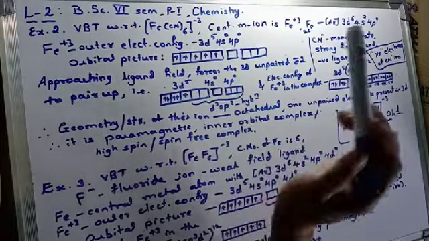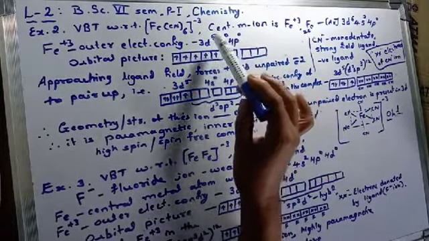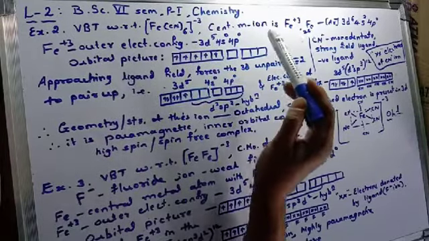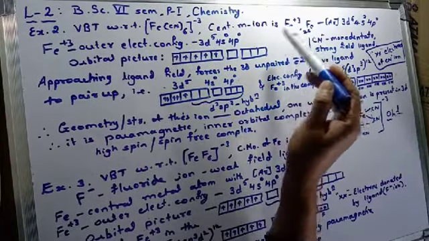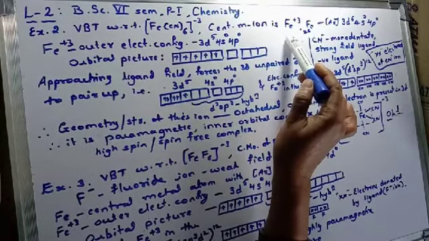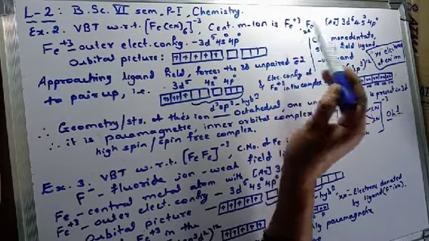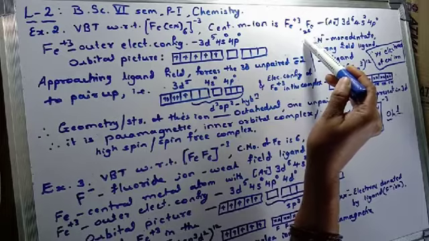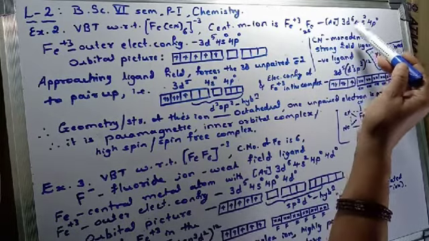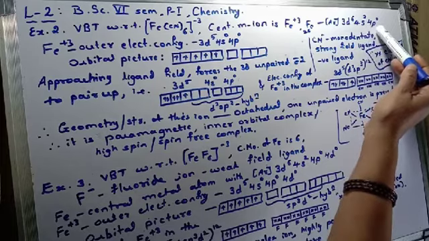Similar to the previous one, here also the central metal atom is Fe, and the ion is Fe3+. That means in the complex the iron exists in the form of Fe3+ ion. The atomic number of Fe is 26 and its electronic configuration is argon core 3d6 4s2 4p0.